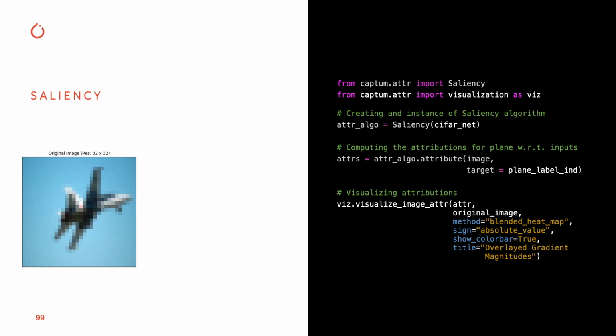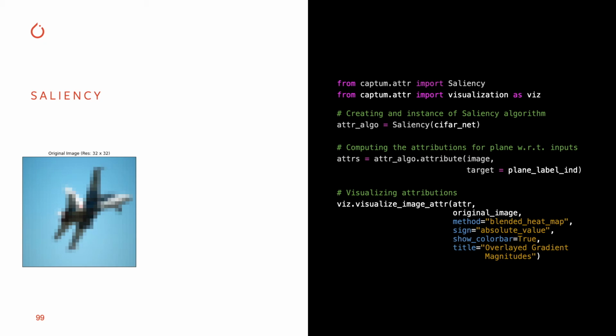Next, we create an instance of the attribution algorithm using the forward function of our PyTorch model. In order to compute attributions, we call attribute on the instance of the attribution algorithm by passing the input image and the target index, which in this case is the plane index.